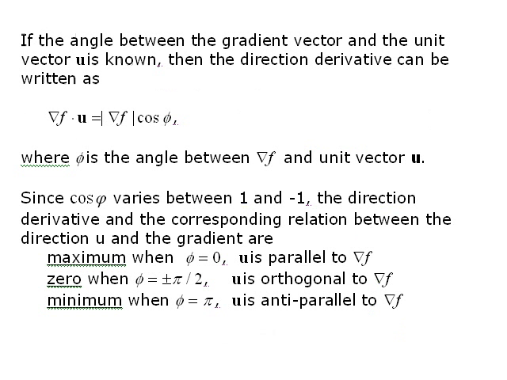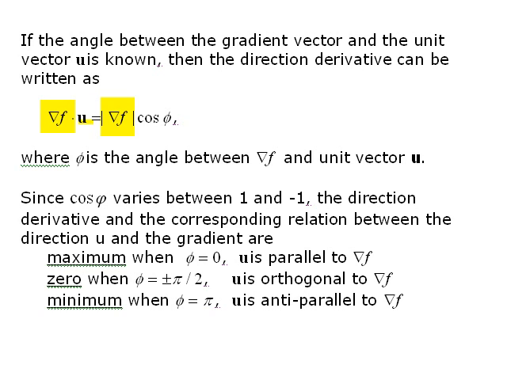Now here we're going to derive those results that I said in the first lecture about the relationship between the maximum change and minimum change, and the direction of no change for the function itself and the direction of the gradient. So let's look at any arbitrary unit vector u, and if we're taking the dot product of the gradient with u, we could write it in terms of the magnitude of the gradient times the cosine of the angle between them.